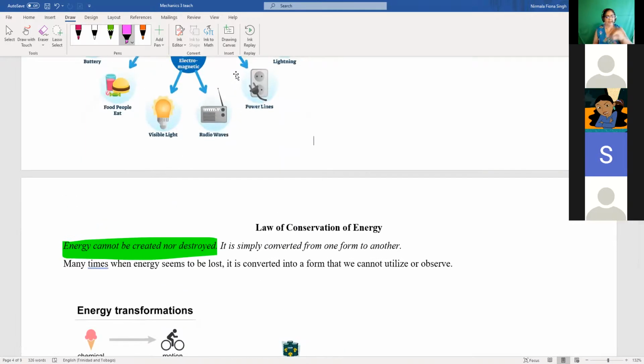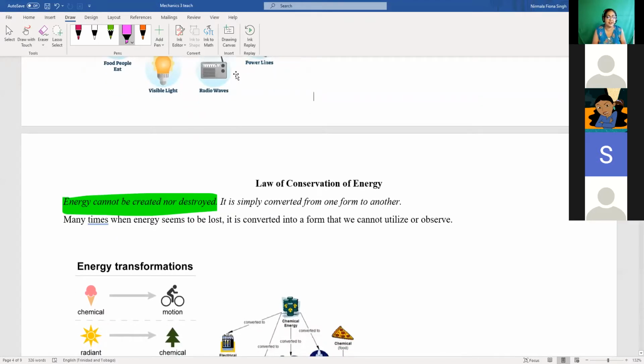We cannot make energy. We cannot destroy energy. What we can simply do is convert it from one form to the other. Many times when energy seems to be lost, it is converted into a form that we cannot utilize or observe. There are lots of times when energy is lost in a system.